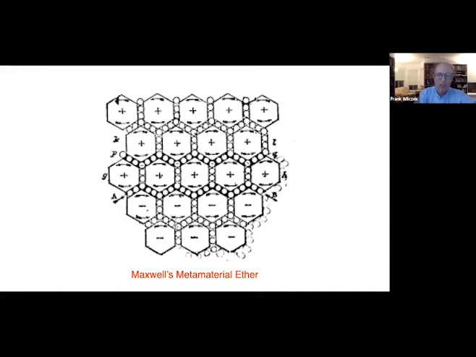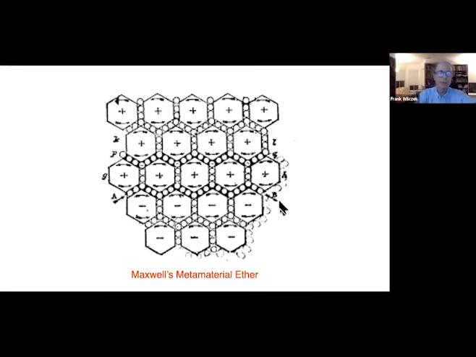When James Clerk Maxwell in the mid-19th century tried to formulate the laws of electricity and magnetism and relate those phenomena possibly to the phenomena of light, he made a model of the behavior of electric and magnetic fields based on mechanical objects, based on kind of rotating gears and lubricating elements in between.